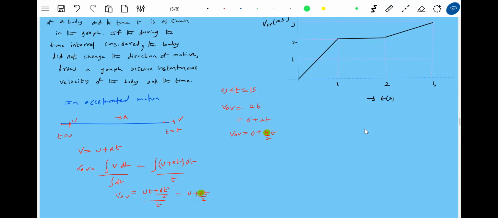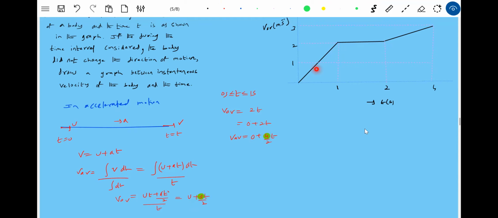So therefore, for 0 to 1 second, the body is going to describe uniformly accelerated motion with an acceleration, comparing equations 1 and 2, we'll get acceleration as 4 meters per second square.